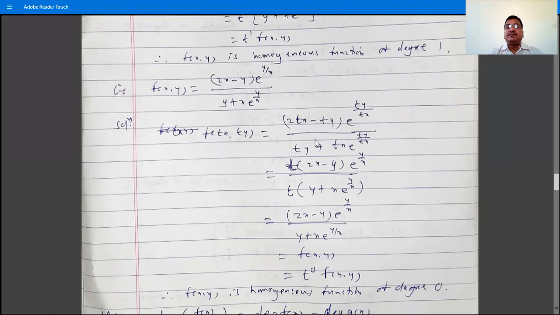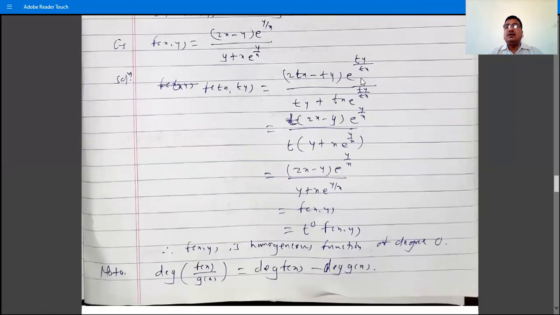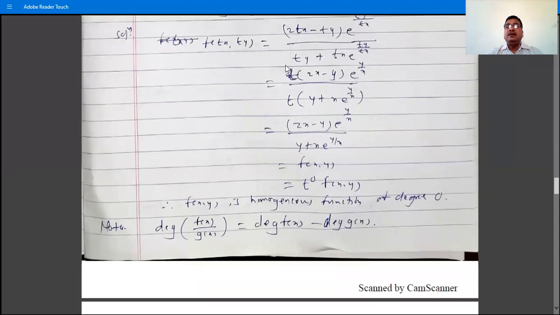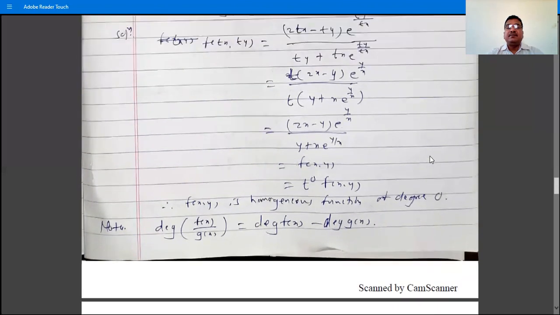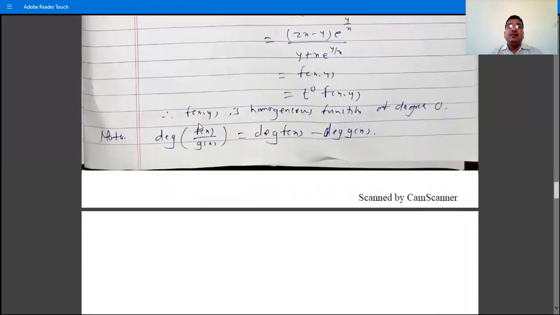So we have this, and then take t common, t gets cancelled, take t common and t gets cancelled, we have this, and t by t is 1, then we have (2x minus y) divided by (y plus x e raised to y by x), and that is the function f(x, y). So we have t raised to 0 f of (x, y), and therefore f(x, y) is a homogeneous function of degree 0. So the degree of f(x)/g(x) is the degree of f(x) minus the degree of g(x).